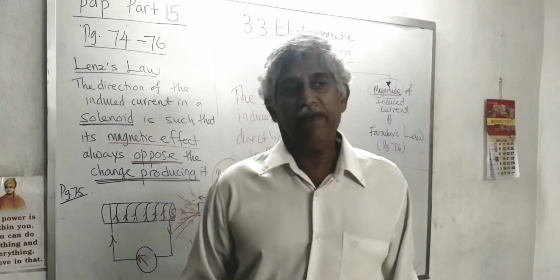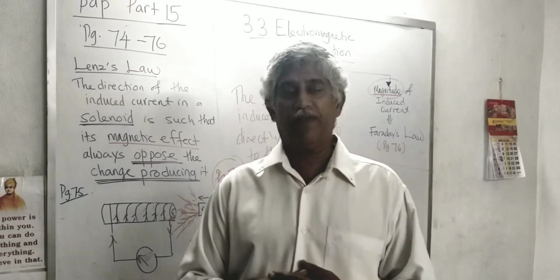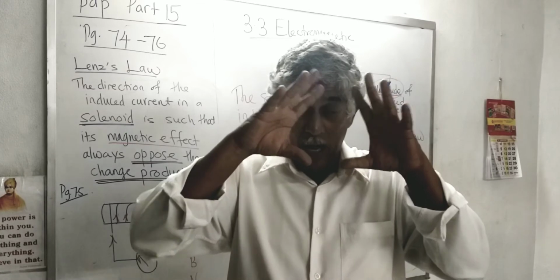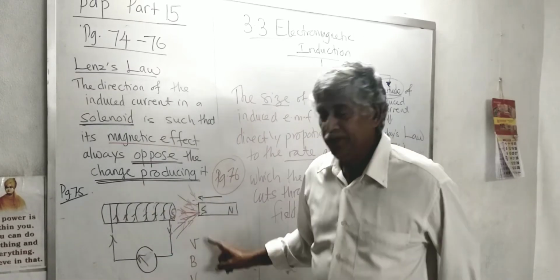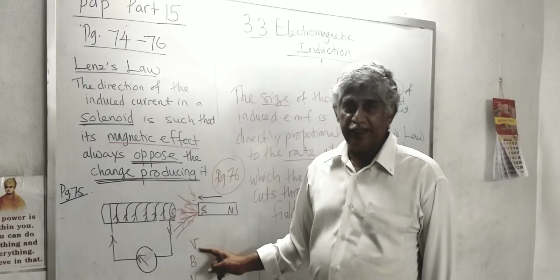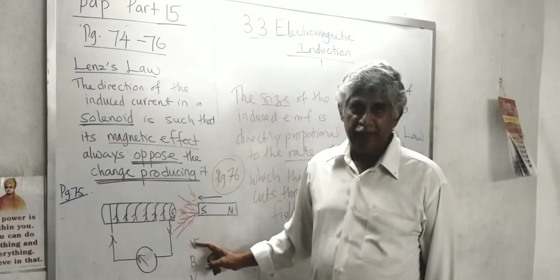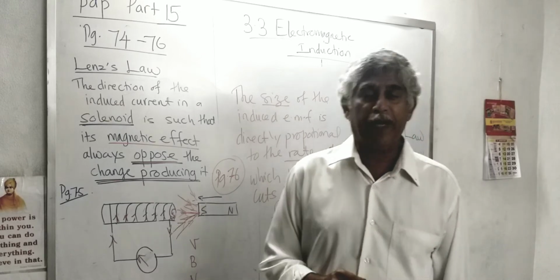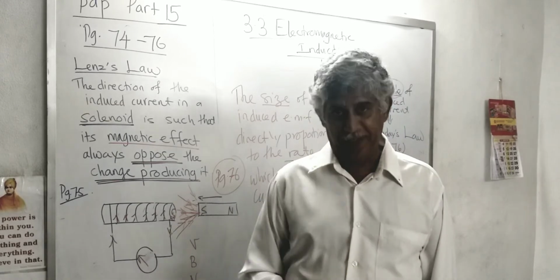Maybe I might give 1 or 2 questions from your paper 3 for you to try, on how you outline an experiment to verify these parameters or variables in order to prove that the magnitude of induced current is increased.